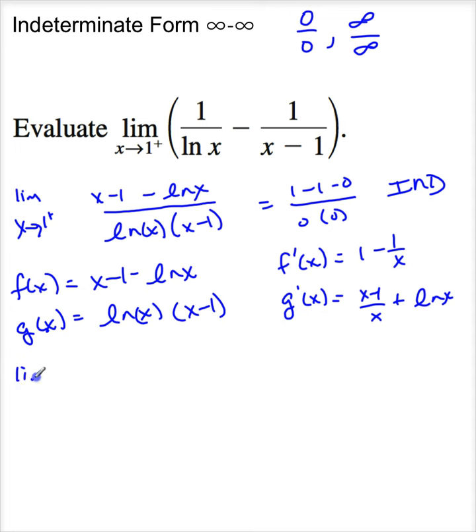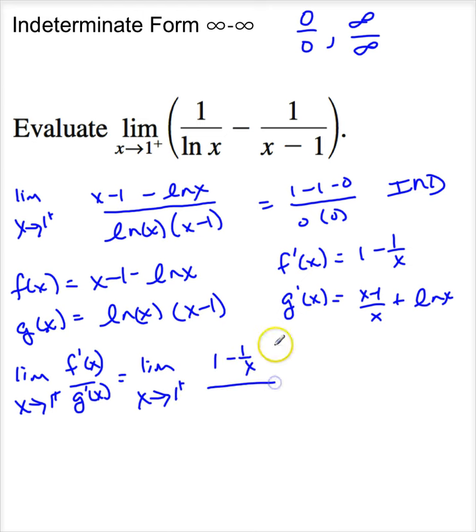The limit as x approaches 1 of f prime over g prime is equal to the limit as x approaches 1 from the right of 1 minus 1 over x divided by x minus 1 over x plus the log of x. Now, if I look at this, this is an absolute mess because this does again become 0 over 0. So let me try rewriting.